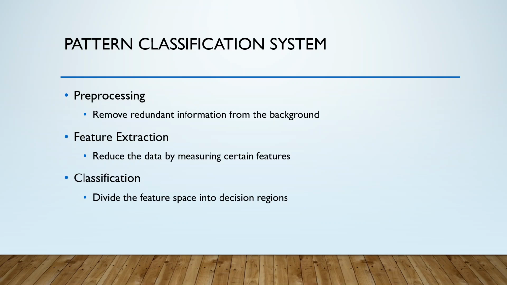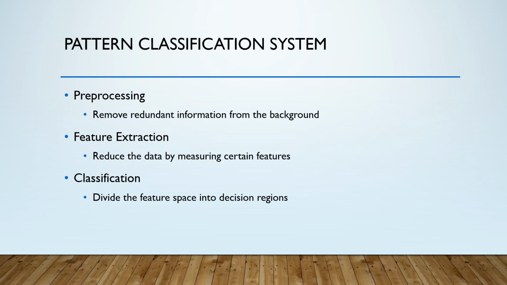Suppose the feature is color. For a ripe mango, the color of the outer layer of the skin will be in a yellowish tone. But for the apple, it will be in a reddish tone. So one of the attributes by which you can differentiate between the two classes, apples and mangoes, is the color of the outer skin of the fruit. That is the feature. Feature extraction is to reduce the data by measuring certain features.